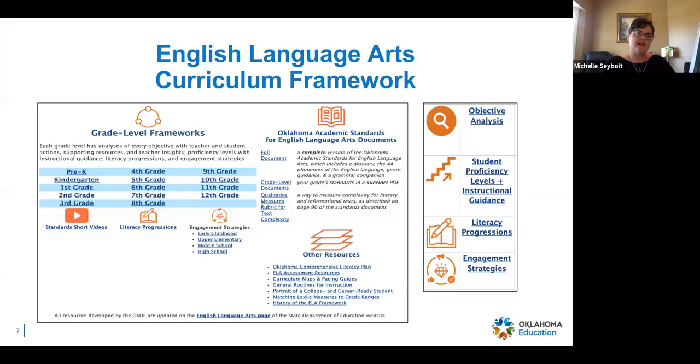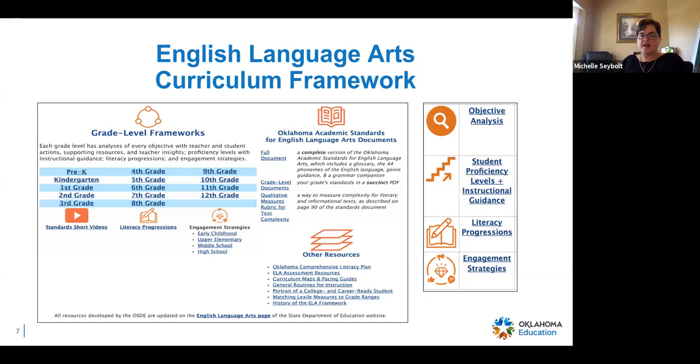The setup of these slides are screenshots of the actual website, so you can see what these look like when you log on. On the landing page for the English Language Arts Curriculum Framework, you will see grade level frameworks, and all of those grade levels are hyperlinked. There are short standard videos giving an overview of each of the standards, literacy progressions, engagement strategies, as well as links to printing off the entire English Language Arts Oklahoma Academic Standards or grade level documents.